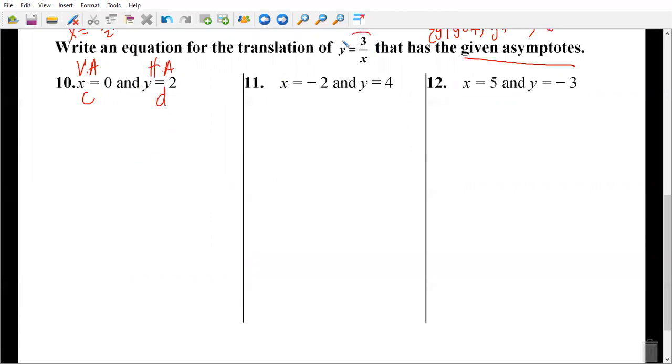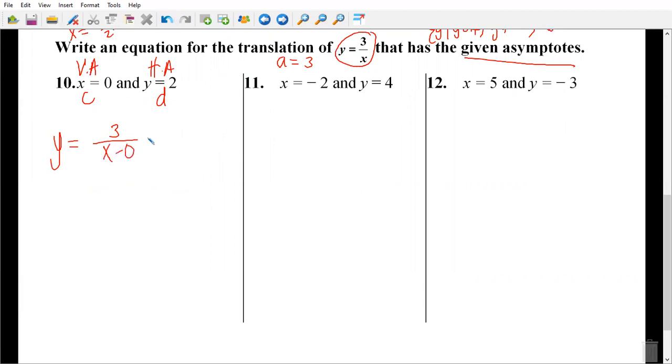And they're giving us the function to start with. So they're telling us our A for each one of these is going to be 3. So I have A, C, and D. Can I write an equation? Why, yes, I can. So I know Y equals, my A is 3, my C is 0. I'm going to write it just so you can see it.